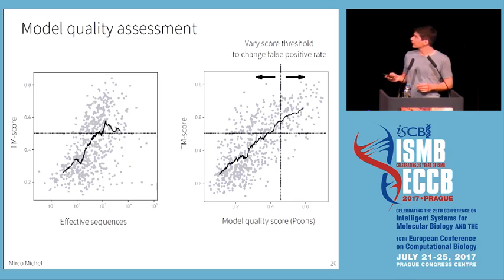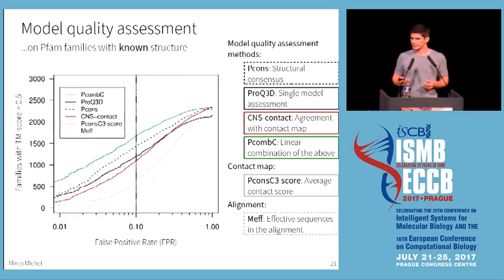Then you can use a cutoff on the score that you get from this method and allow for a certain false positive rate, for example, and say, okay, at this cutoff we have this false positive rate, and we get so many models predicted to be accurate. And this is what we did.